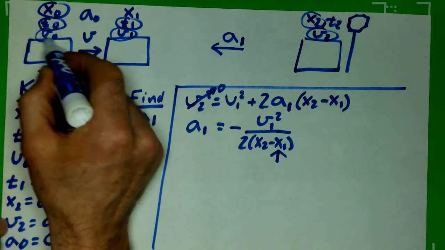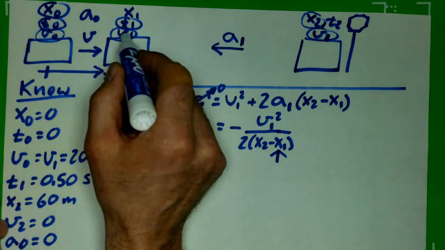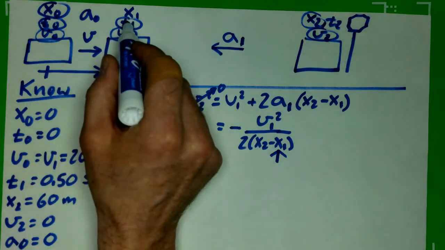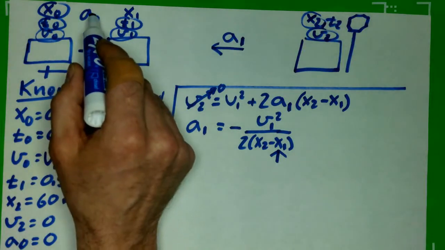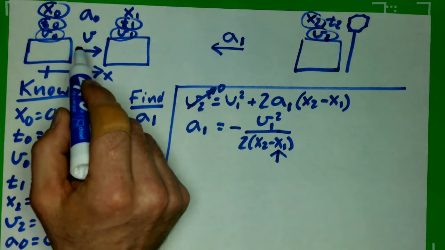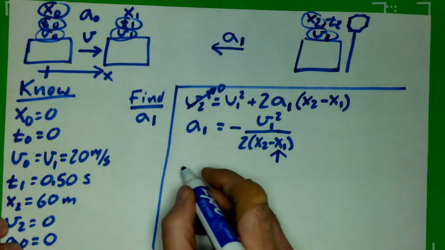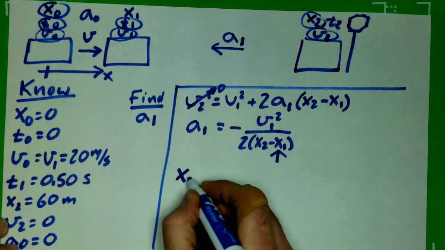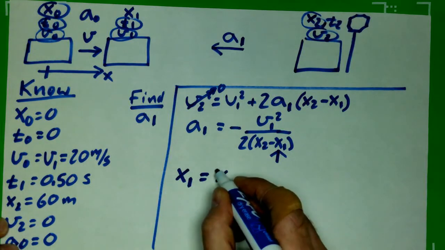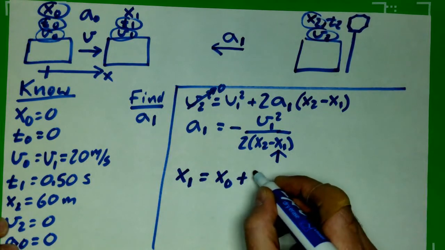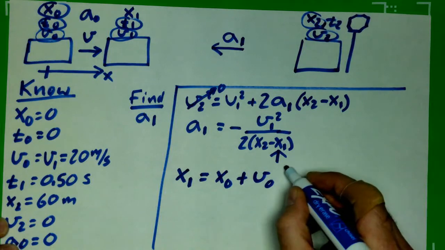And I know my initial velocity. I know my final velocity. I know my final time. And I know that my acceleration is 0. So I have everything I need to solve for that one with the basic equation that says X1 equals X0 plus V0.